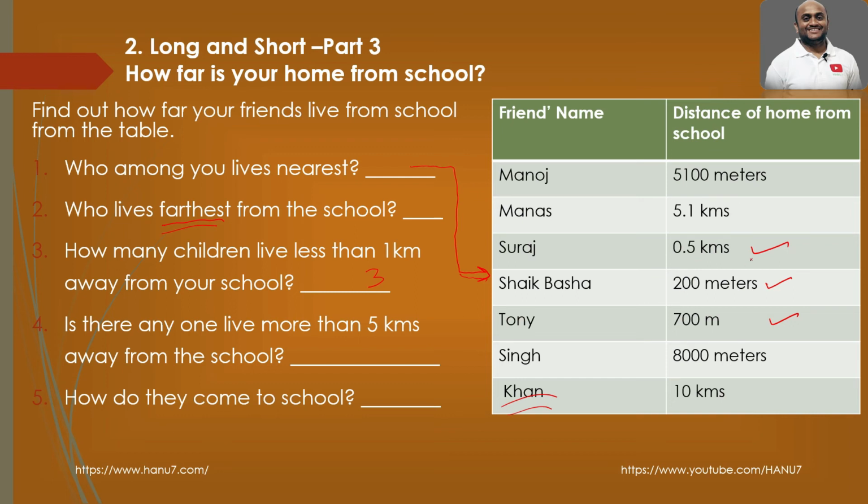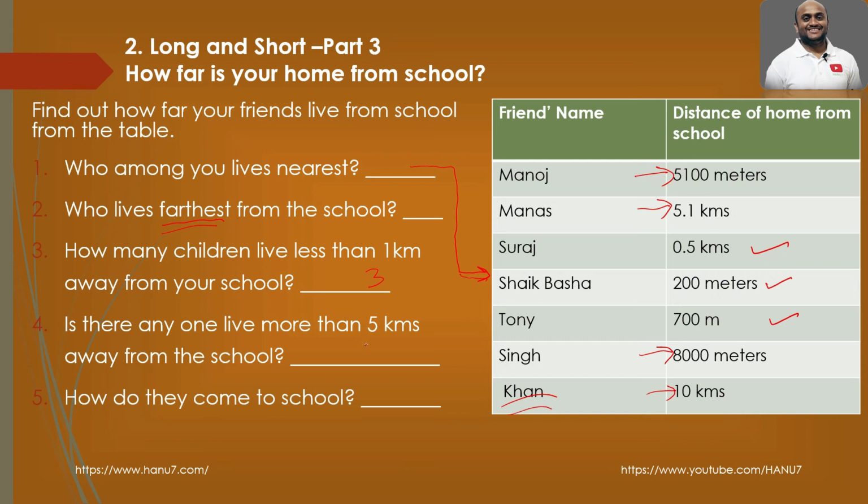Yes, there are such persons. One is this Manoj, Manas, and then Singh, and then Khan. These are the 4 persons who are more than 5 kilometers from the school.